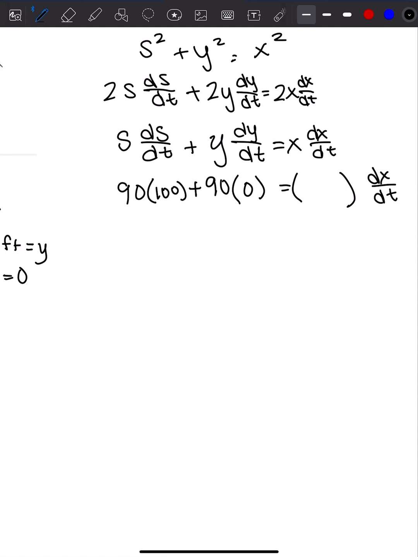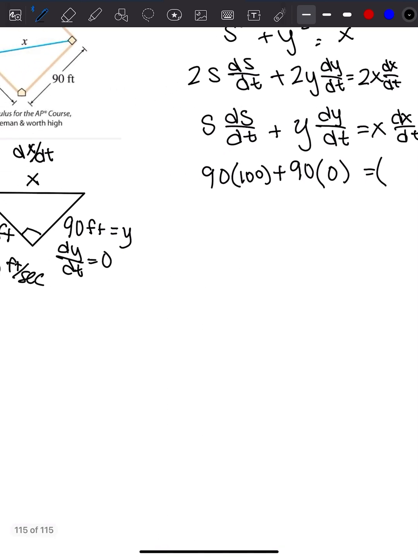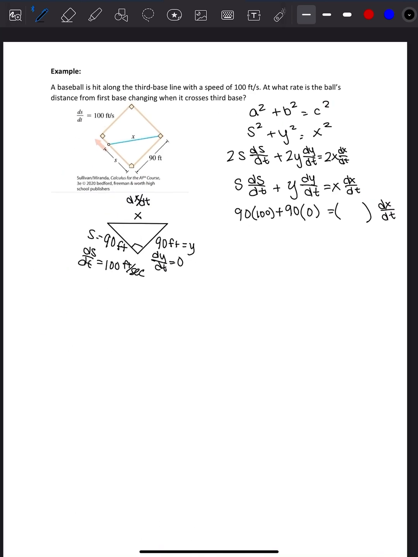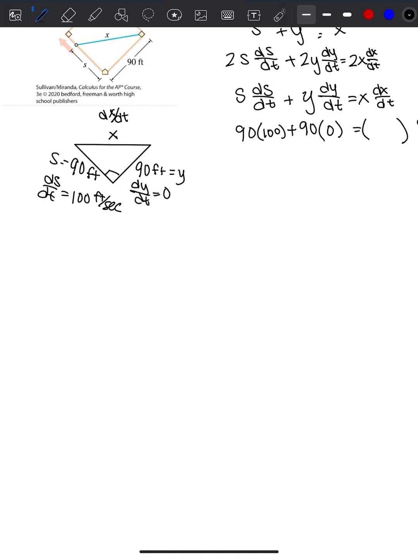Thankfully, we have the Pythagorean theorem to help us solve for that side. So we are going to now use the Pythagorean theorem to solve for what x would be. So s squared plus y squared is equal to x squared. So we have 90 squared plus 90 squared equals x squared. 9 times 9 is 81, and we are going to have 8100.